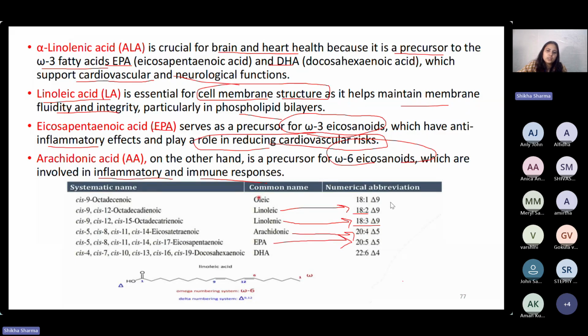So we can see different fatty acids depend on their structure for their function. Usually in the human body we need 18 and 20 carbon chain fatty acids. So 18 with one, two, and three double bonds, and 20 with four, five, and six double bonds.